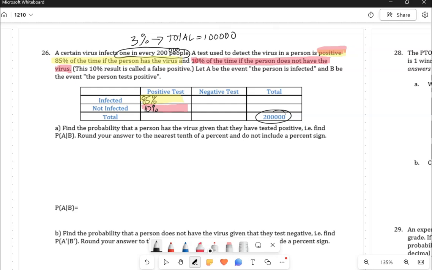Now it's time to start filling some numbers in. A certain virus infects 1 out of every 200. So 1 in 200, if I add some zeros, 1,000 in our population of 200,000. 1,000 are infected.